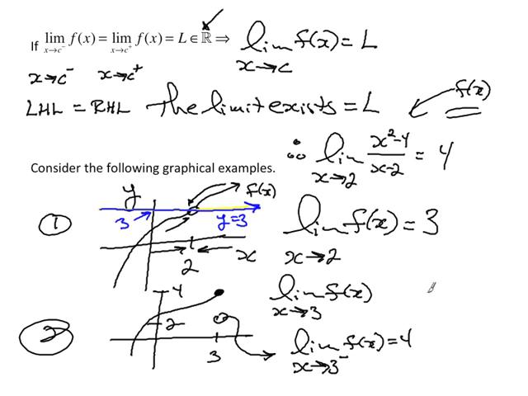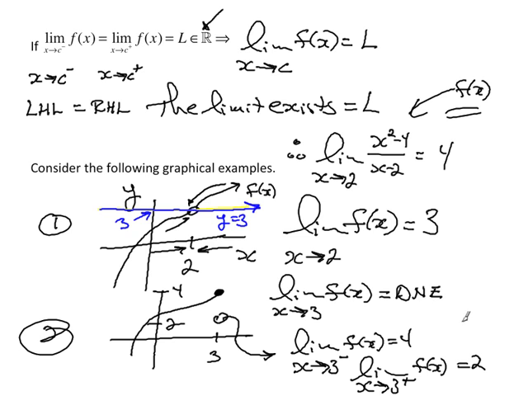The limit as x approaches 3 from the right of f of x, well, that's here. That looks like that limit is going to be 2. The left-hand limit does not equal the right-hand limit. Therefore, the limit does not exist.